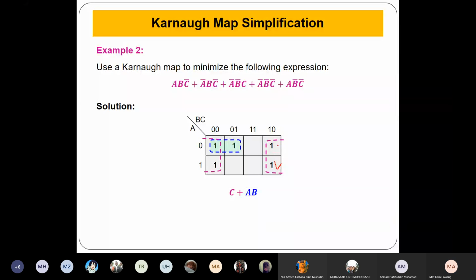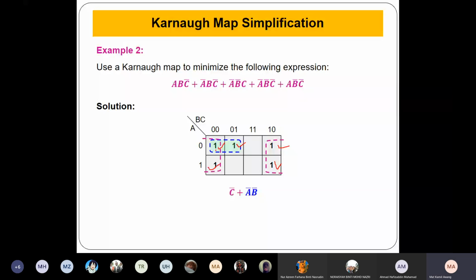So this is the one. The third one, A bar B bar C, is this one. Fourth, A bar B bar C bar, is this one. And the fifth one is A B bar C bar. So this is the one.